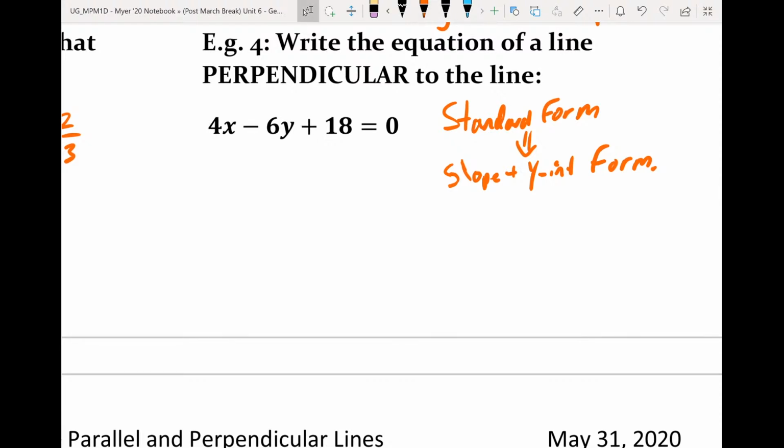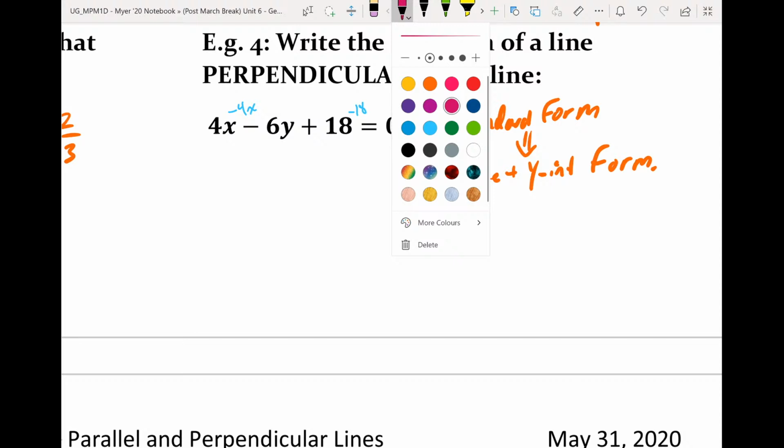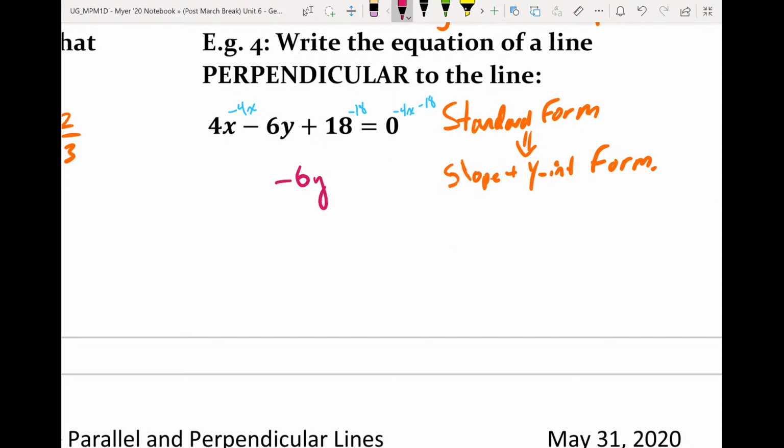So I tend to like to leave my y on the left side, so I'm going to leave it on that left side. And I'll just go like this, minus 4x minus 18, so I'm left with -6y equals -4x minus 18.